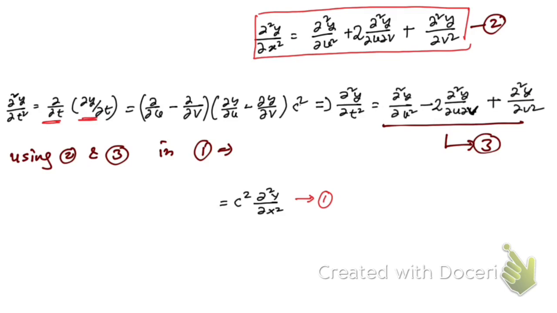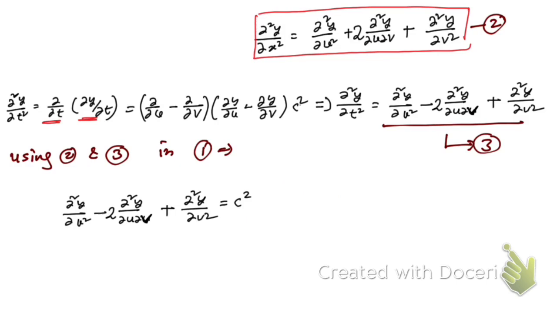Let me copy this. This is what we're going to have, and now let me remove this, and instead of this, we're going to have this value here. You can see we can put this. So this is what we have got after simplification.